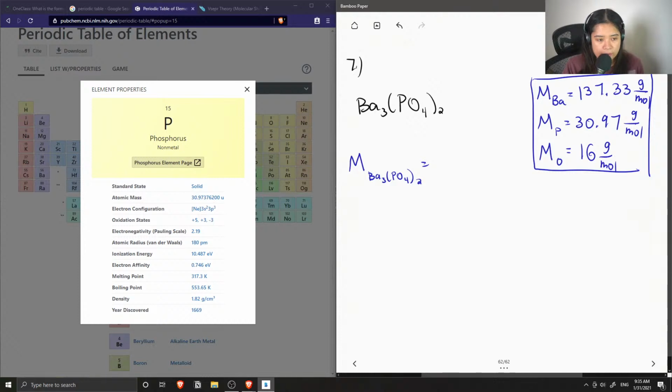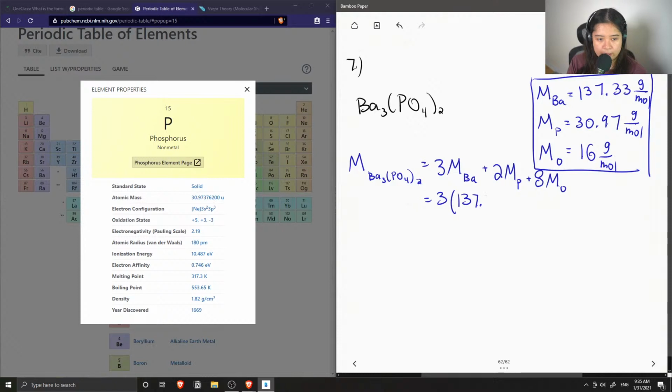So since we have 3 barium atoms, it's going to be 3 times the molar mass of barium, and in total we have 2 phosphorus atoms, so 2 times the molar mass of phosphorus, and we have 4 oxygens inside the bracket that has a subscript of 2, so in total we have 8 oxygen atoms, so we do 8 times the molar mass of oxygen. Okay, so now we just need to add all the values up.